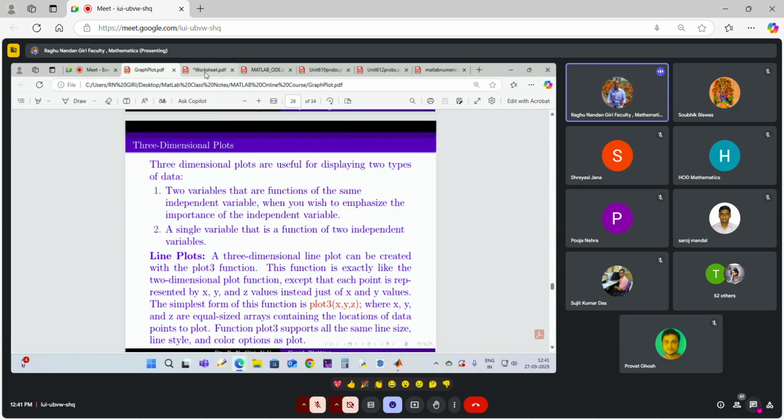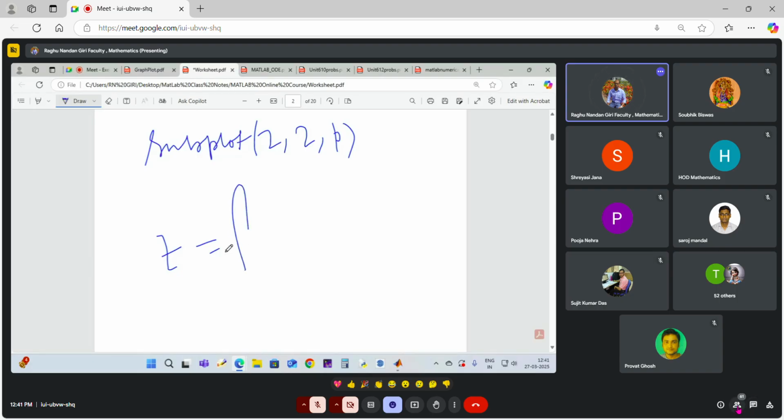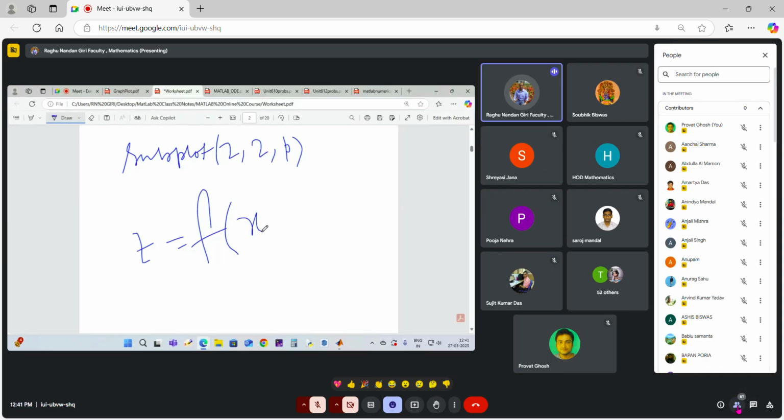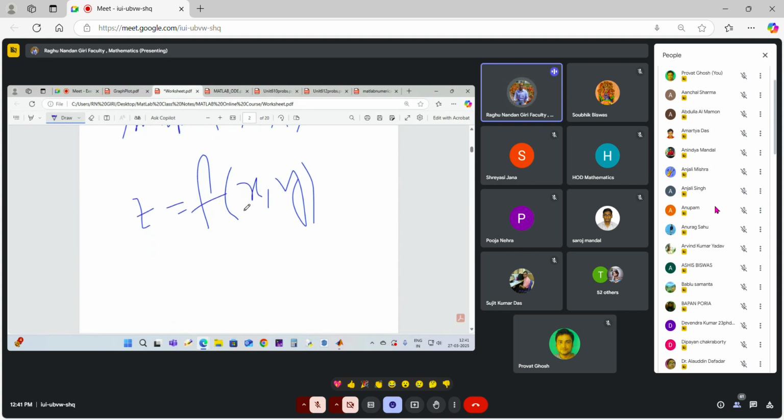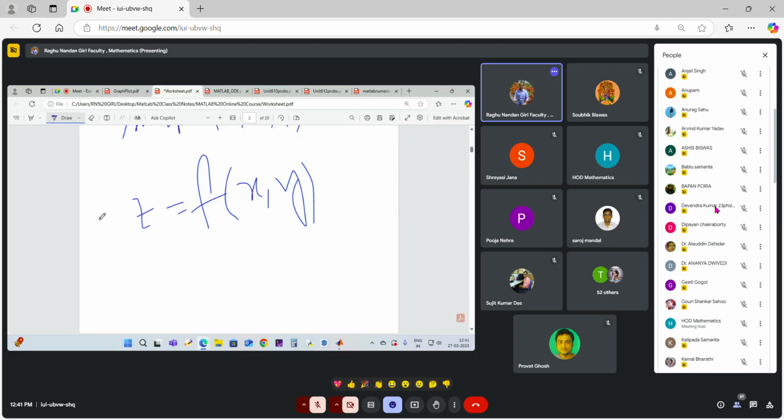Now I come to 3D plotting. Basically, for 3D plotting, like 2D plotting, there is a function f of two independent variables x, y, meaning two independent variables and one dependent variable.